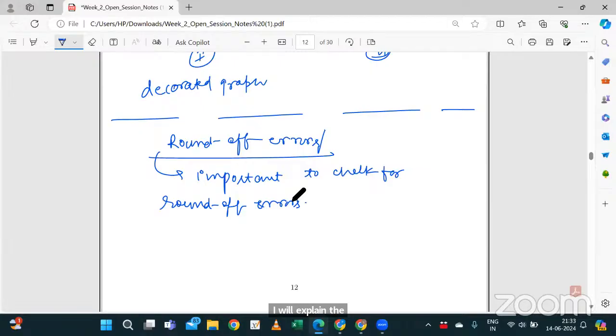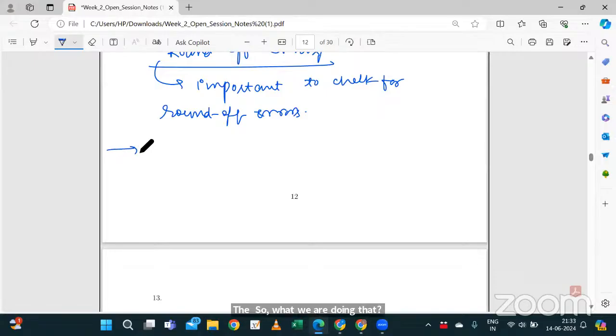See, whenever we have table entries in percentage or proportion, the total value sums up to, okay.